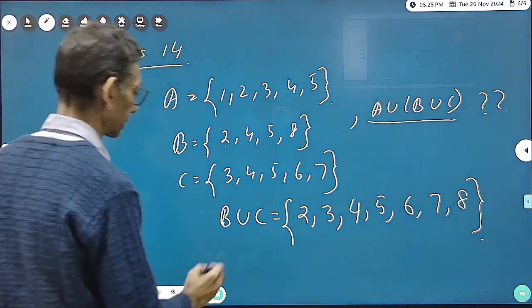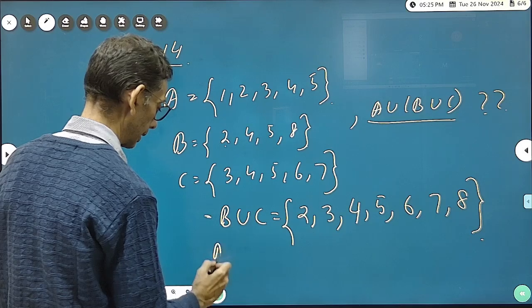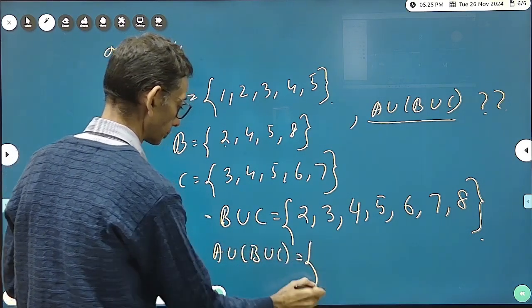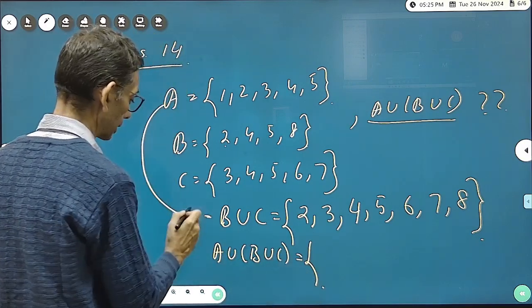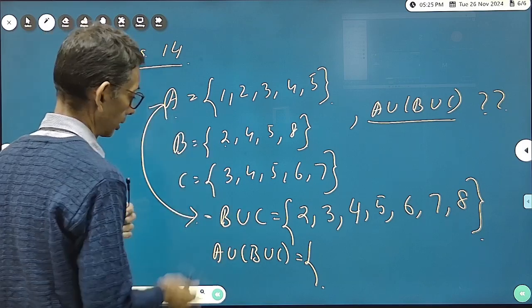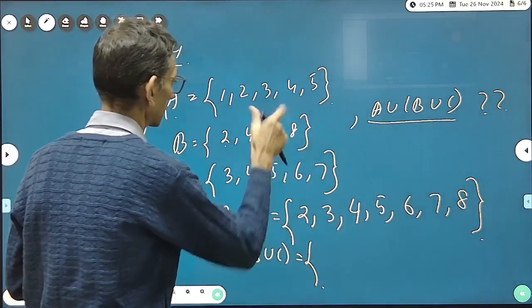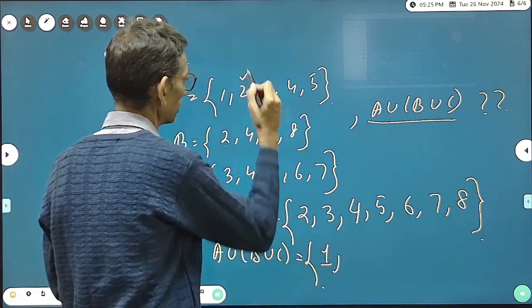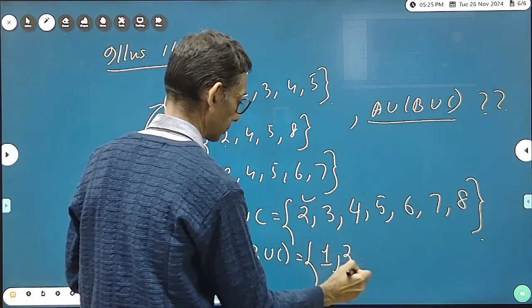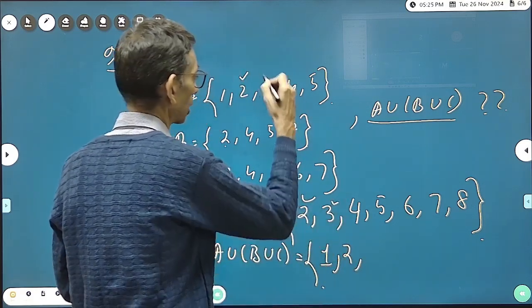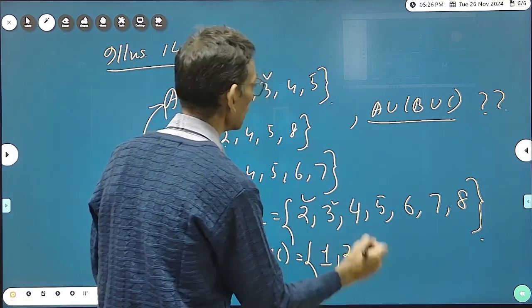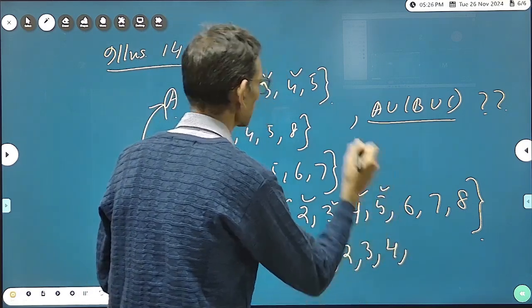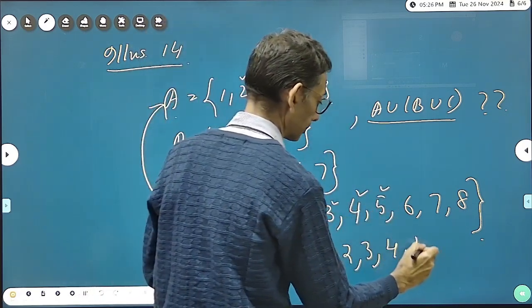Now with this we will do A union B union C. It will be comparing only these two. Look at these elements: 1 is uncommon, it has to be there. So between 2 and 2, one 2 will come. 3 and 3 is common, only one 3 will come. 4 is common, only one 4 will come. 5 is common, only one 5 will come.